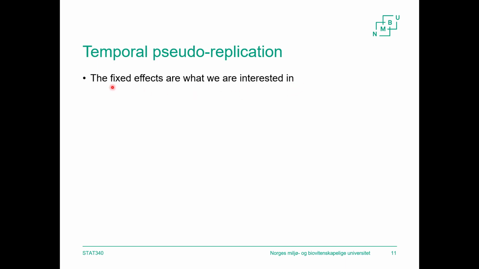And then you have the fixed effect of time and the fixed effect of drug, because drug is not a random thing. That's what you are focusing on. So you have some trend over time, and you typically have some effects of some treatment or whatever affecting this trend or the intercept.